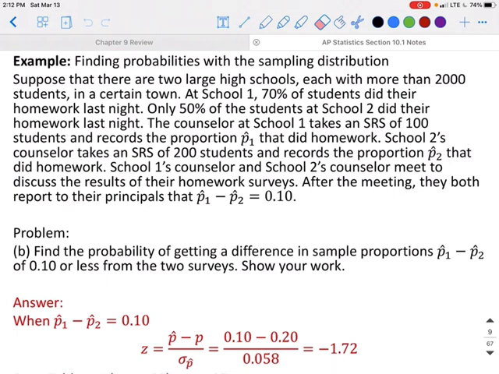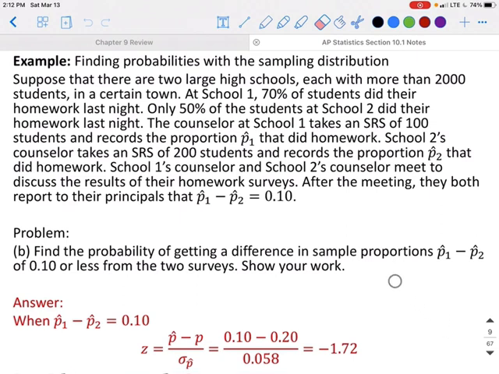We found in that previous example that our center, or our mean, was 0.2, and our standard deviation was 0.058. So to find the z-score, we're just going to do p hat minus p all over the standard deviation, or 0.10 minus 0.20 all over 0.058, which is going to give us a z-score of negative 1.72.